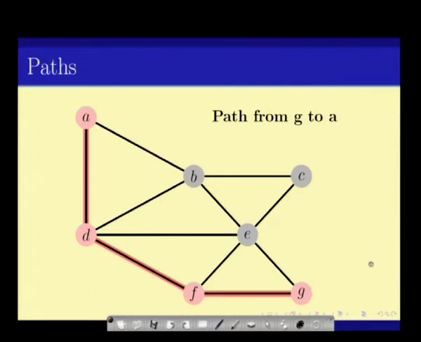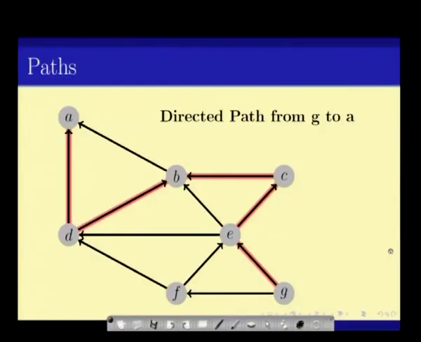For example, this is a path, and at the same time this is also a path. This might be a slightly longer path, but still it is a path. It is from G to E, E to C, C to B, B to D and then D to A. So, we say that if there is a path from G to A, we mean something like this.